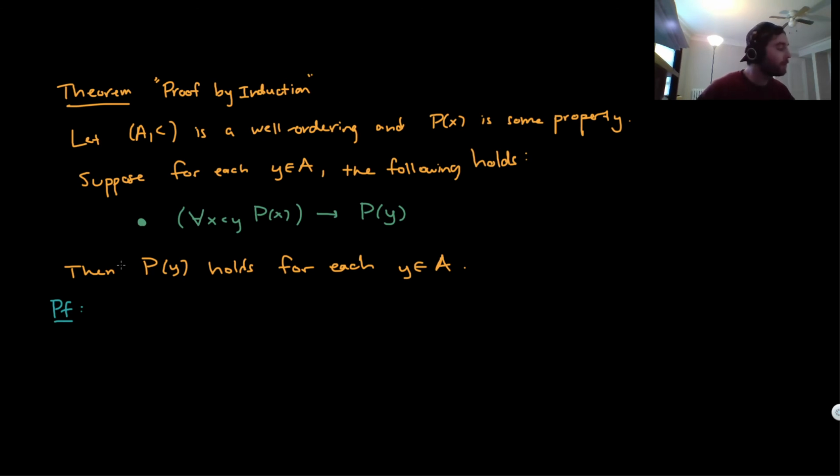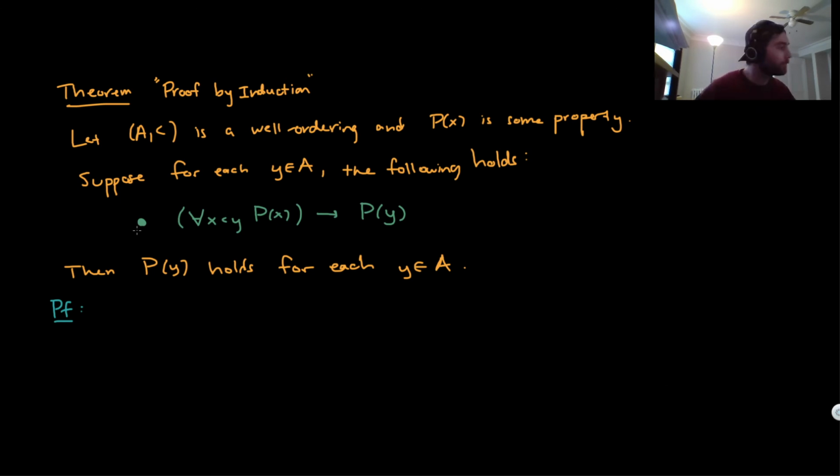Intuitively, if the property didn't hold for some y in A, because our set is well-ordered, there'd have to be a least element in our set A for which the property doesn't hold. But then it would have to hold for every single thing less than it.